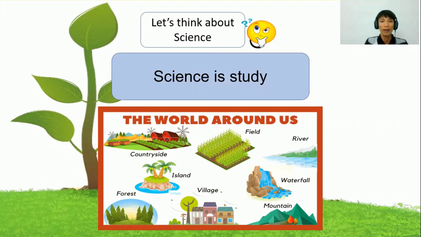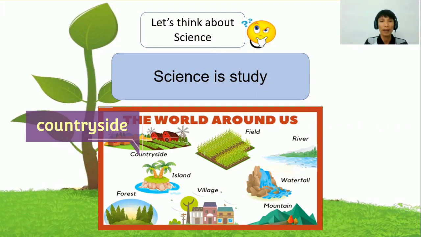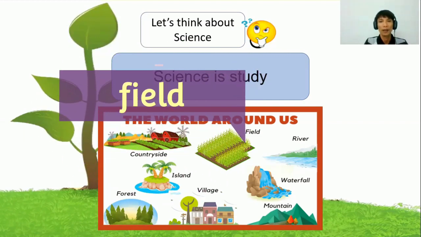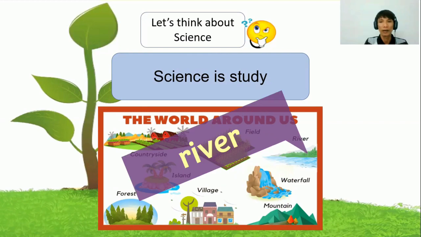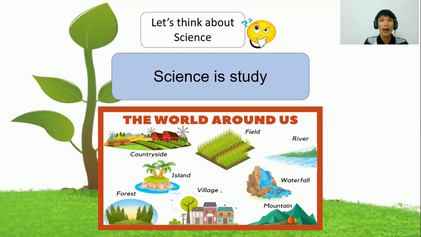So we have here countryside. Repeat after me, countryside. Next, we have field. Field. And another one is river. River. Next, island.